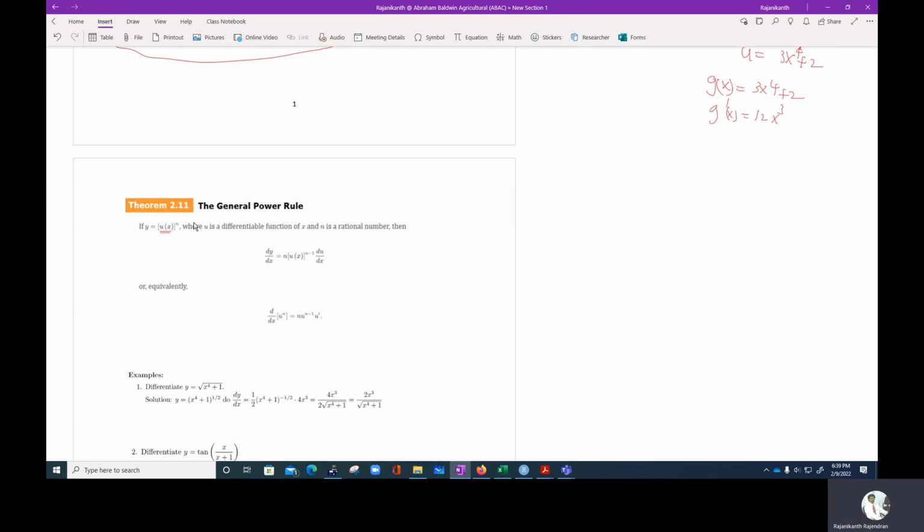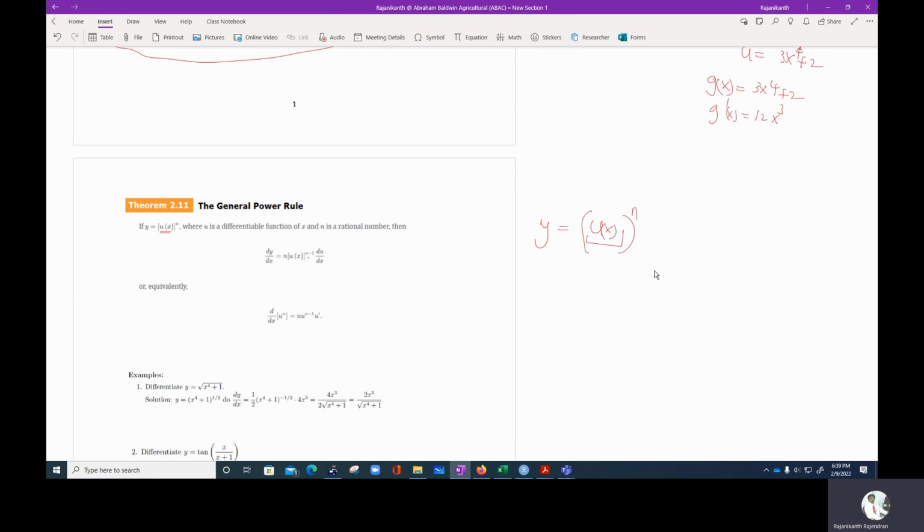So dy over dx is nothing but, using first the power rule, n times the function to the power n minus 1, times the derivative of the inside function. You could think about this like a composite function. Okay, so how can I think of this as a composite function? This is the way.